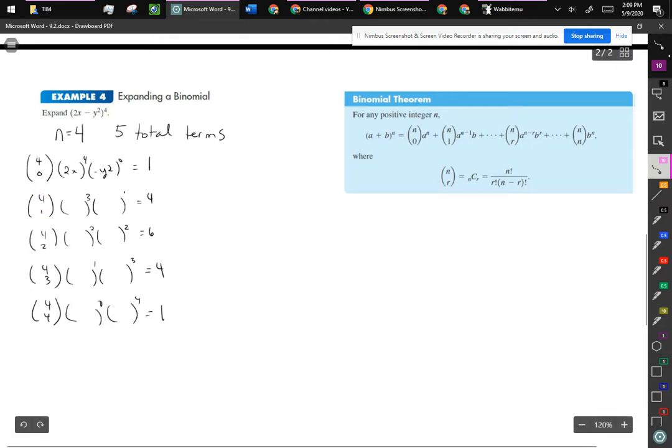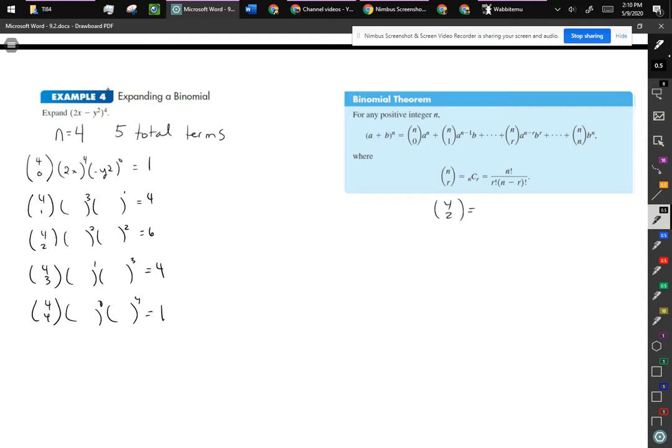Let's do a harder one. Just to review, if I want to do 4 choose 2, I could just say I have 4 things and I only have 2 spaces. So it goes 4, then 3, and then divide by 2 factorial.